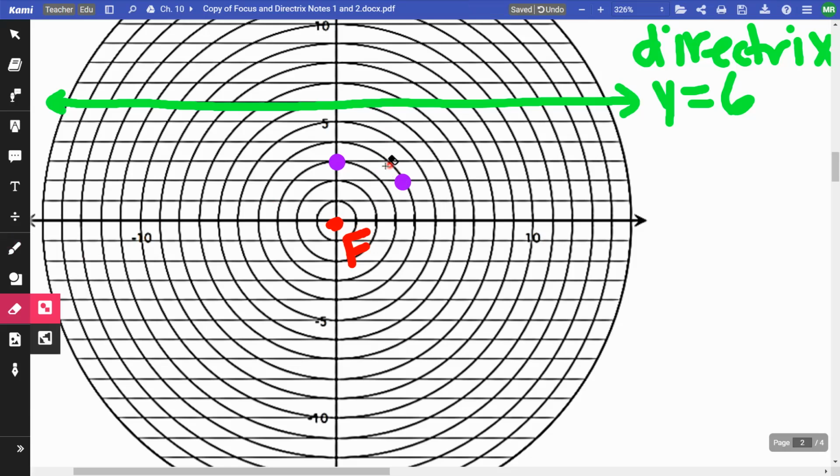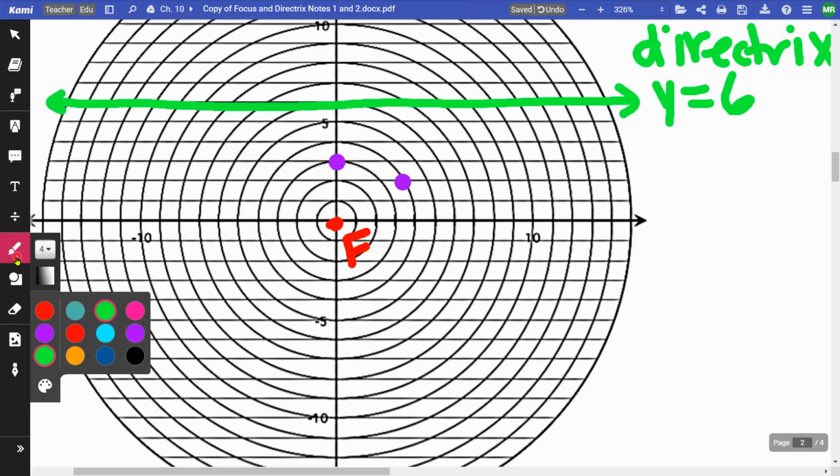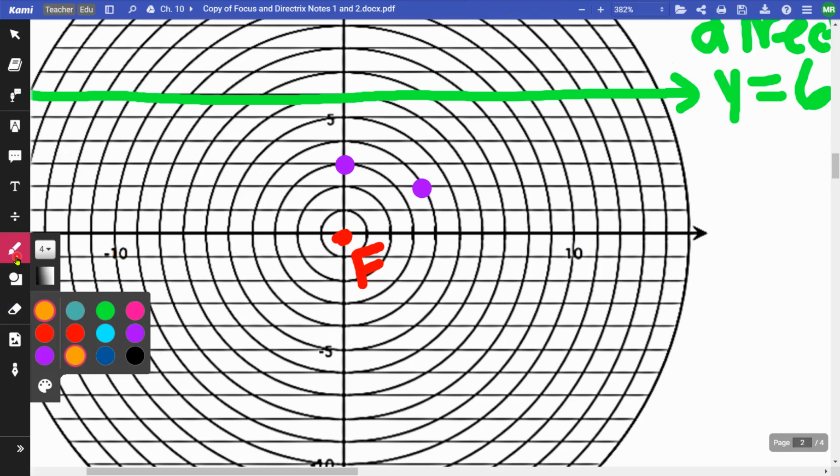The reason I'm going to be 4 away is because, again, if I'm going from here to here, I'm crossing 1, 2, 3, 4 circles. Each one of those is a radius of 1. It's like one unit.